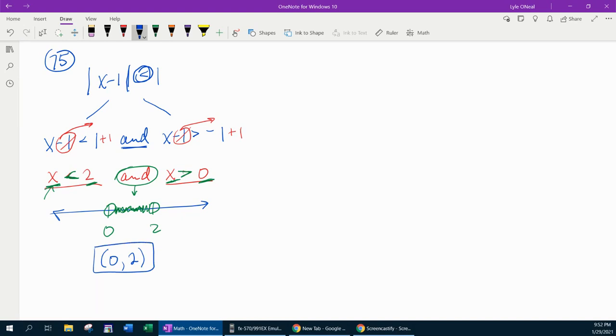And if you're wondering why did I use parentheses, it's because I had open circles. Open circles correspond to parentheses. Remember, the open circles were because we had strictly less than and greater than. And there is the solution for number 75.